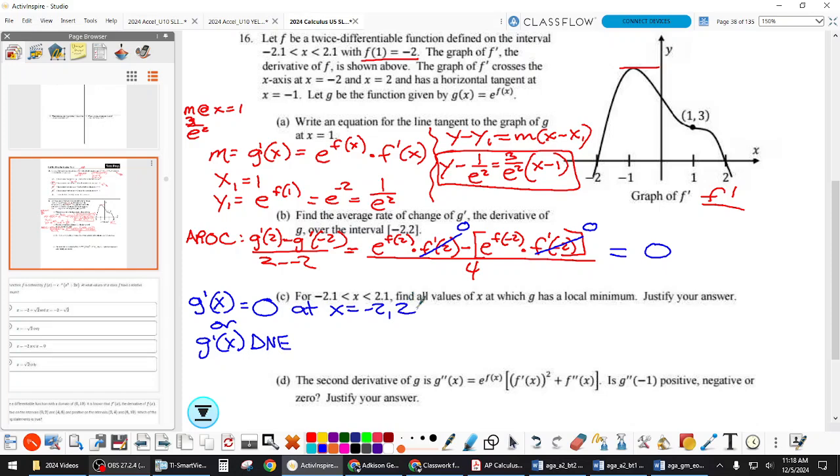Does it ever not exist? Yeah, at negative 4. Because it says that there's a horizontal tangent at x.